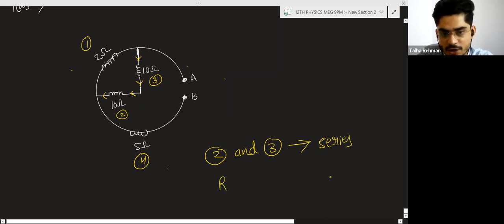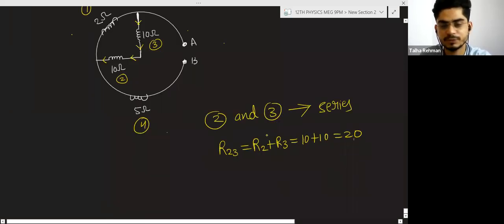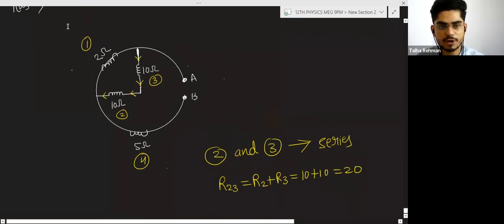Can we find R23 in series combination? R2 plus R3. What is R2? That is 10. This is also 10. This will become 20. R23 is 20. Now again modify this circuit.